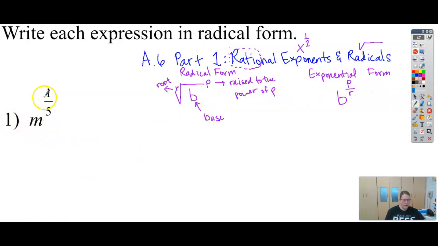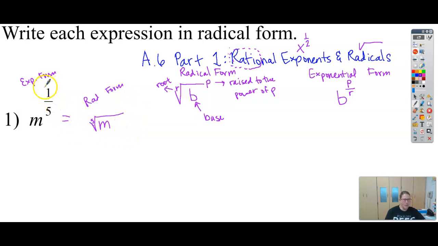So my first example here, if I have m to the 1/5 power, I can change it from exponential form to radical form by putting the base under the radical and putting the root in my little v, so that's a smaller number in the v, different than having a number out here that's multiplied by it.